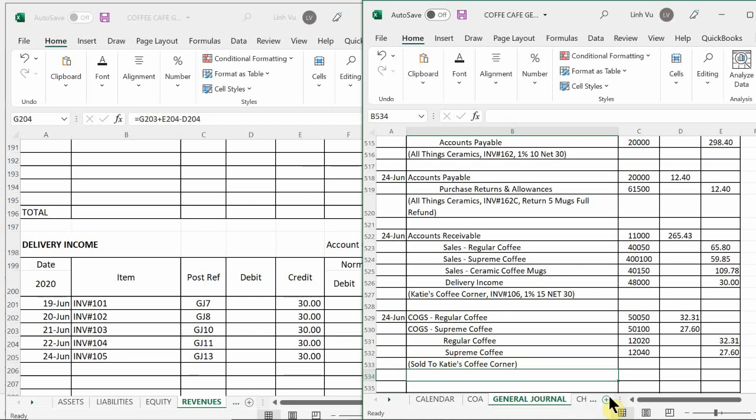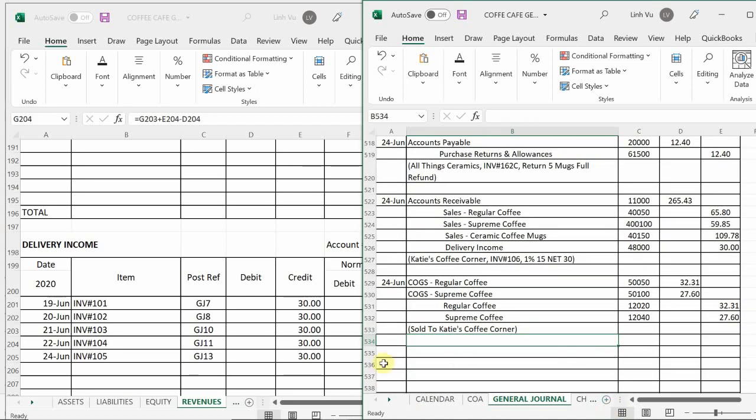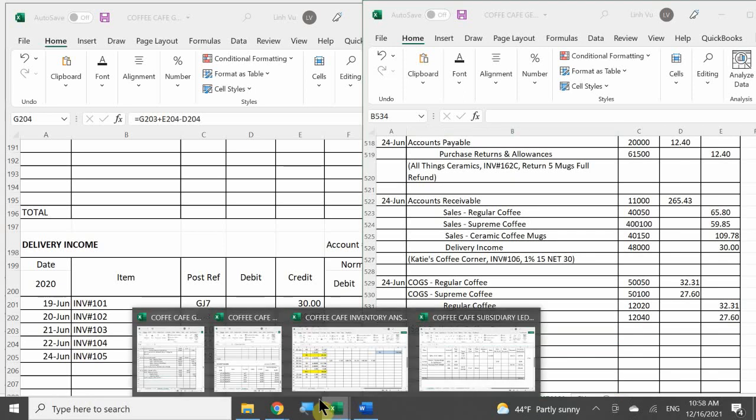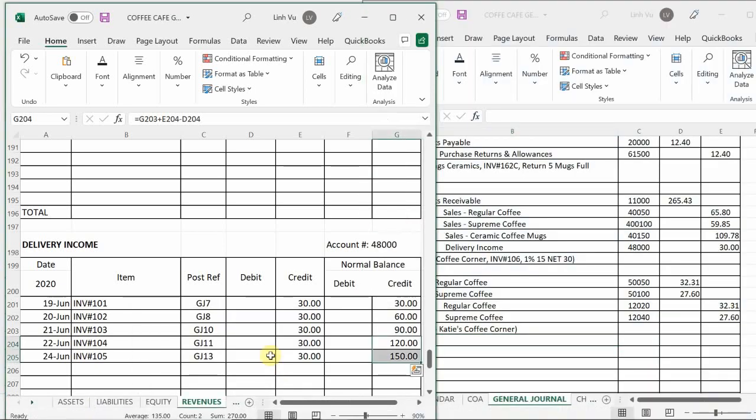And now we go to the general ledger, and the cost of goods sold.